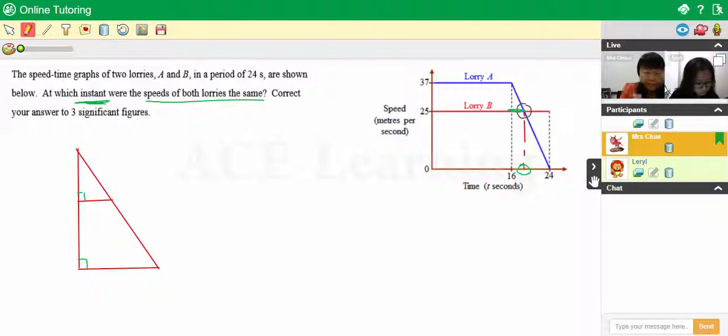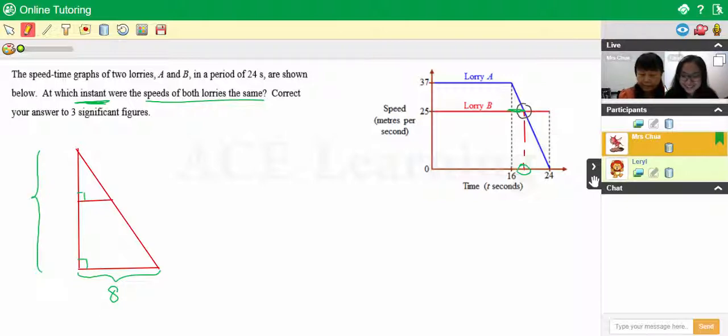Okay, good. Now let's put in some information in this triangle. What do you think is this length? 8 seconds. Okay, how do you get 8? 24 minus 16. Okay, good. This is 8. Now, I would like to find the length over here.